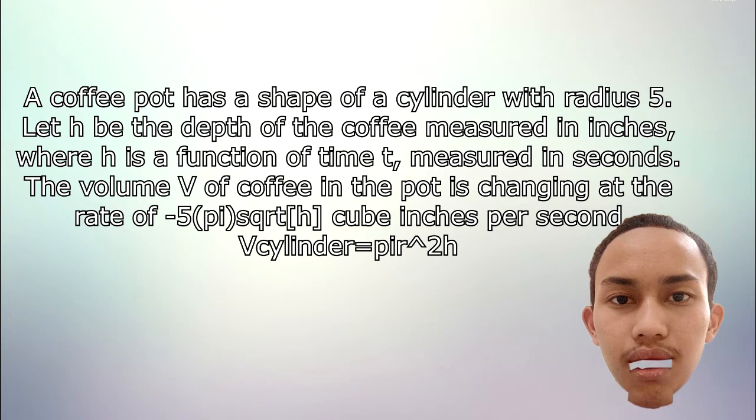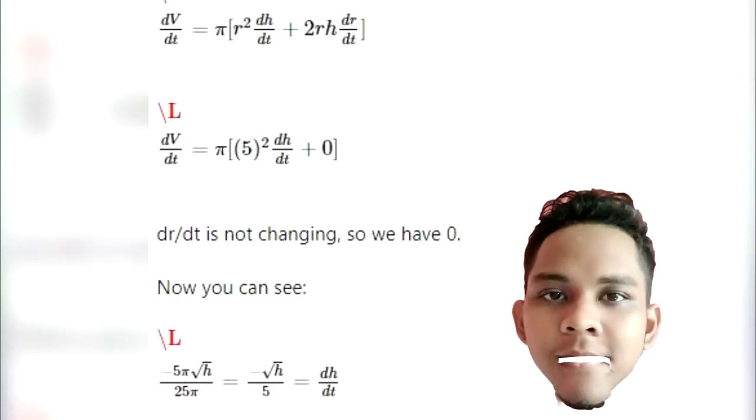V of the cylinder equals πr²h. The answer for the question: dV/dt equals π[r² dh/dt plus 2rh dr/dt]. So dV/dt equals π[5² dh/dt plus 0], since dr/dt is not changing, so we have 0.